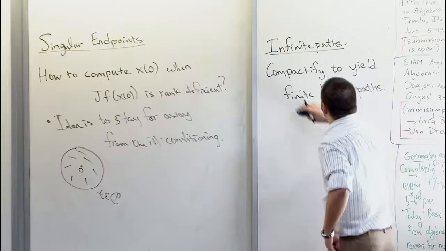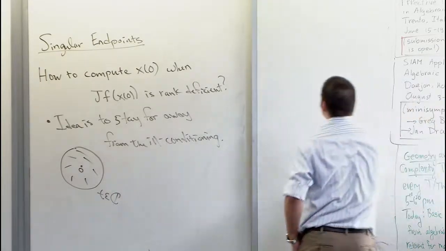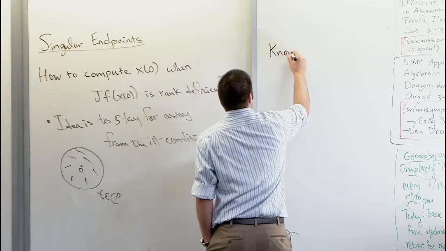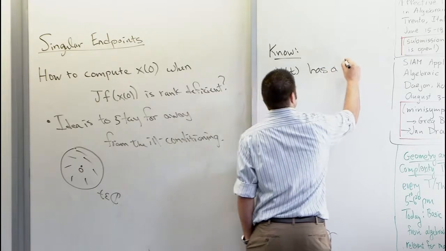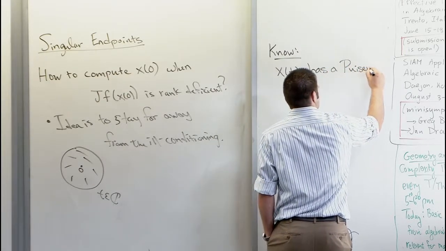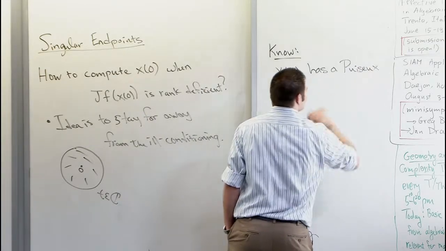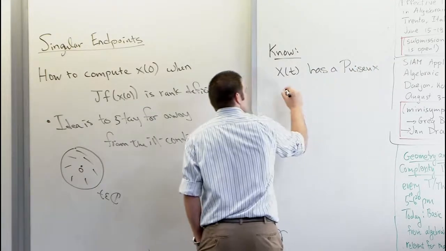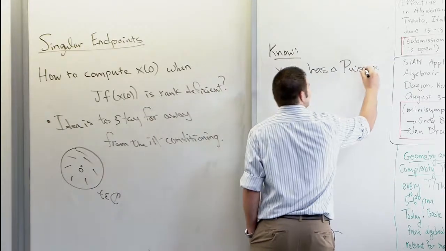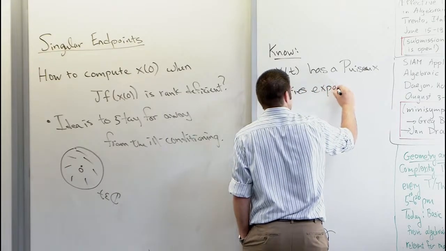And what you know is that x sub t has a Cauchy series expansion, a Poisson series expansion.